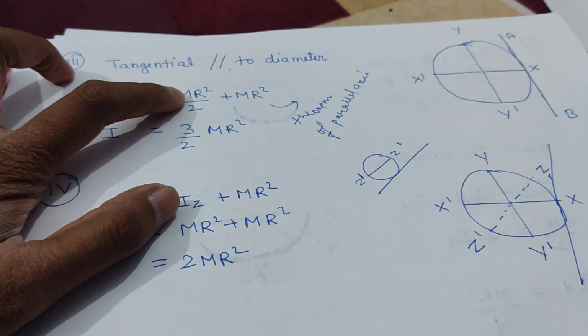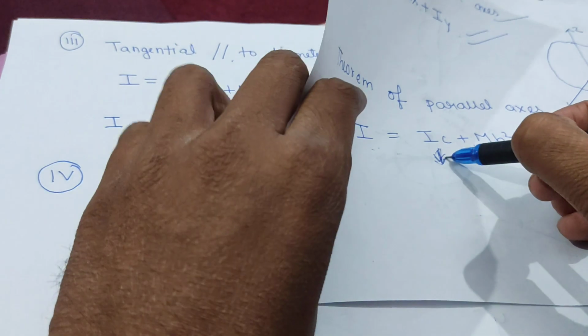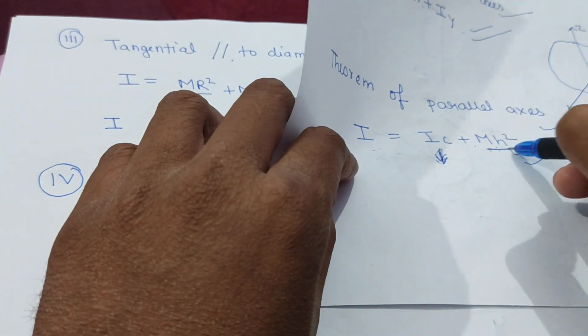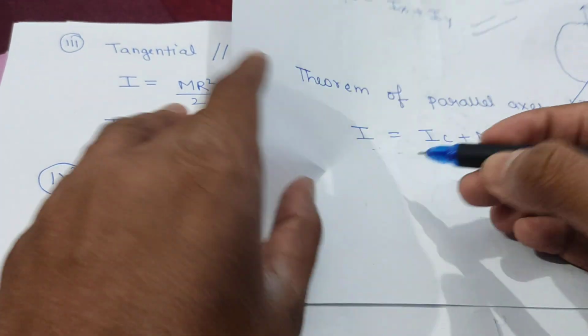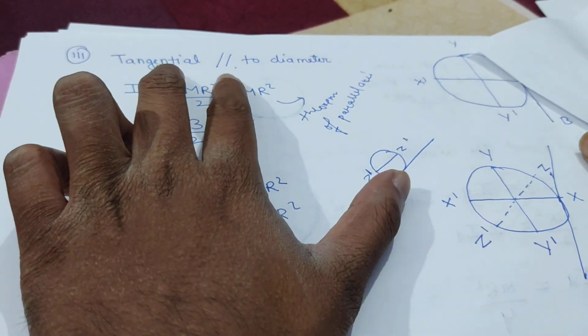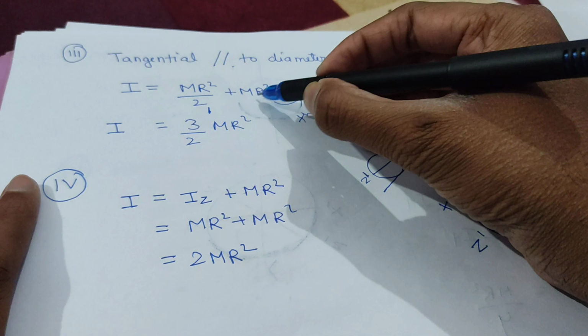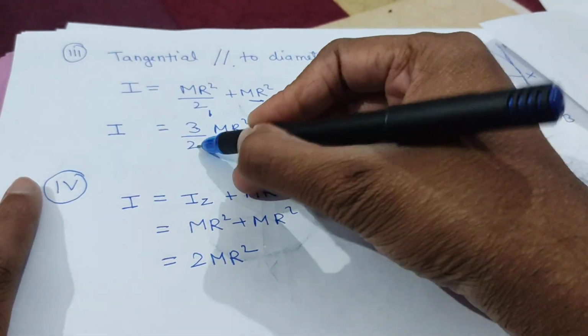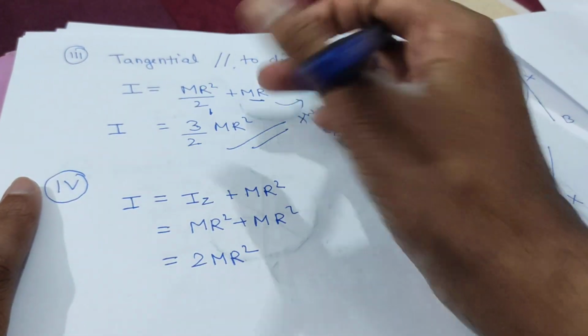As I told you, this is the moment of inertia about the diameter, and this would be mr square. We're taking the moment of inertia about the diameter and adding mr square. That's why it's 3/2 mr square.